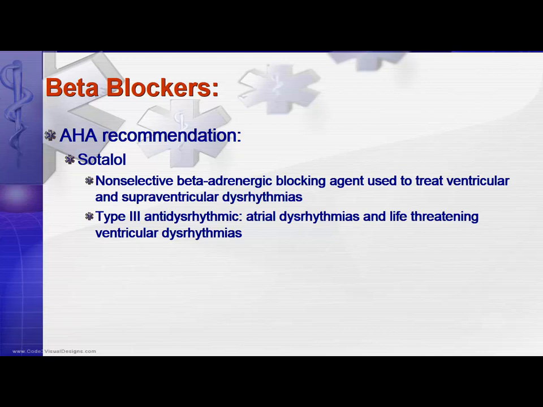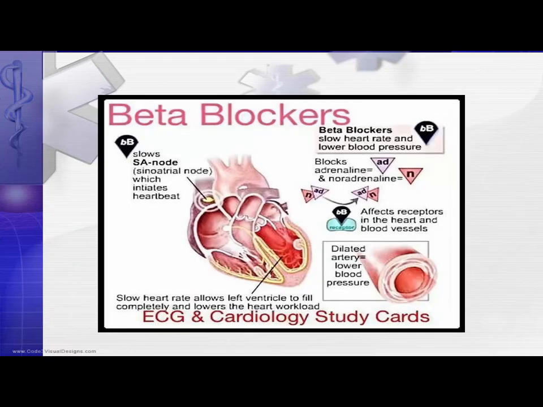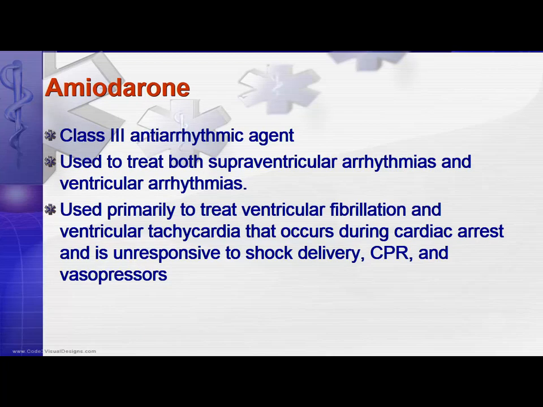So our sotalol will work on, and this is important because we know that our beta 1 is our primary cardiac, right? But it can also work on beta 2 as well. And so essentially this is just a little graphic here giving you an idea with the receptors and all that. It affects the receptors in the heart and blood vessels, and it blocks those off so that these cannot lay into that on the walls of the different cells.